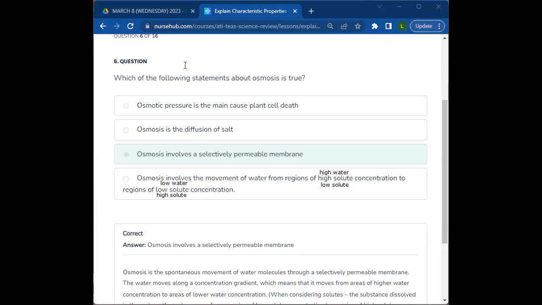But because it says solute, it's backwards. It's low solute to high solute. B is not correct. It's not the diffusion of salt, it's the diffusion of water. And we don't really have to worry about plant cells. So A is not really a concern.